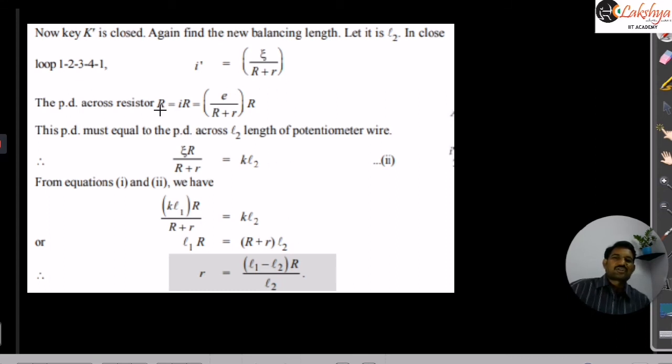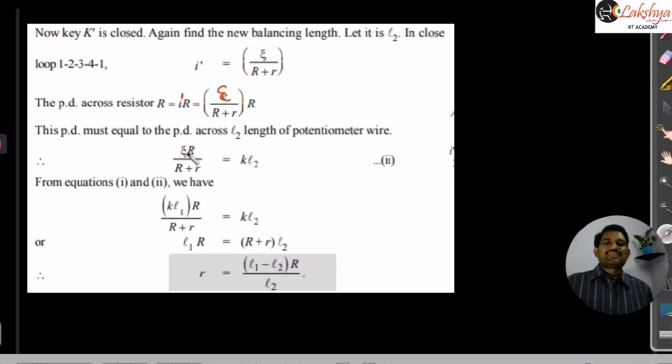Now the potential difference across that R is nothing but I dash into R. So E by R plus r into R, with the same E, the EMF of the cell. This potential difference must be equal to the potential difference across the length L2 of the potentiometer wire. So this value is equal to K into L2.